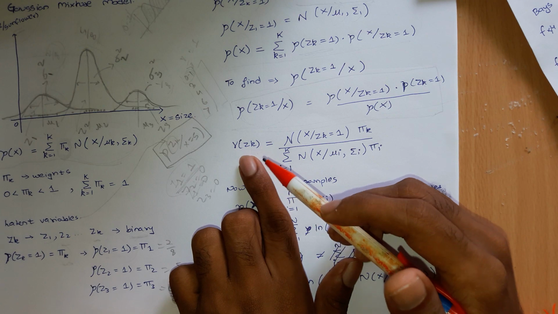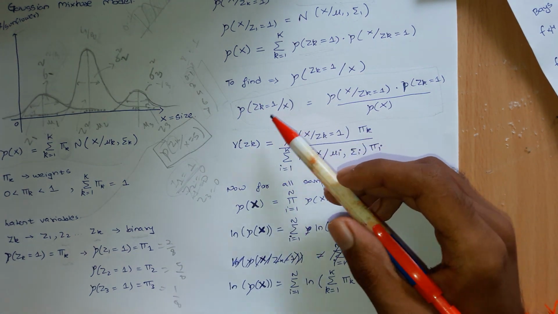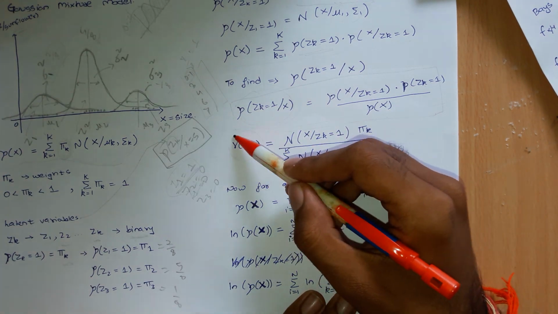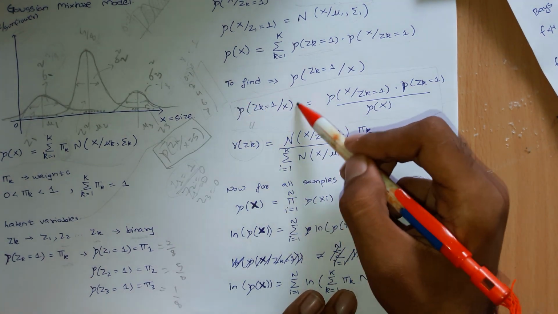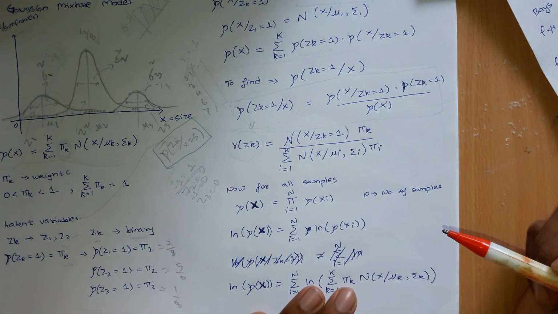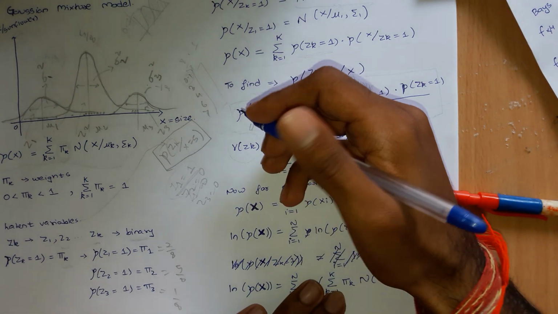Okay, next, this is also a big notation, and since this is a very important thing, I am going to change this. So I am just writing this as some r of zk. This is actually r of znk.